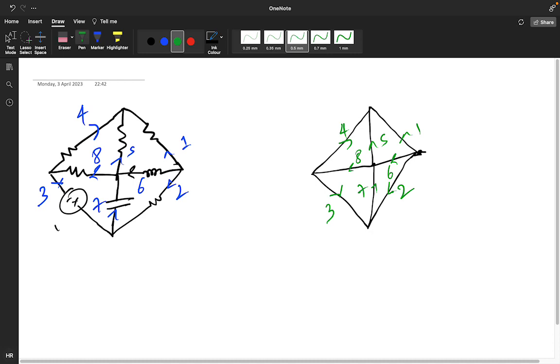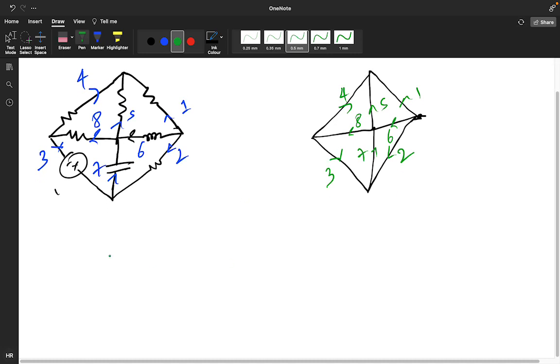Now the second step is to draw one tree. So this was my step 1, and for step 2 I need to draw one tree. Tree means all your nodes are connected. So these are all my nodes.